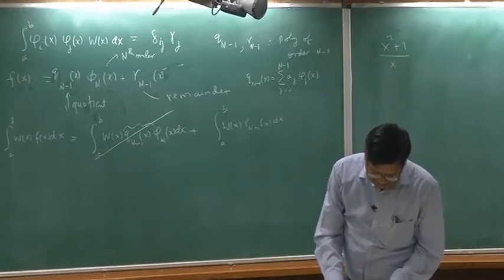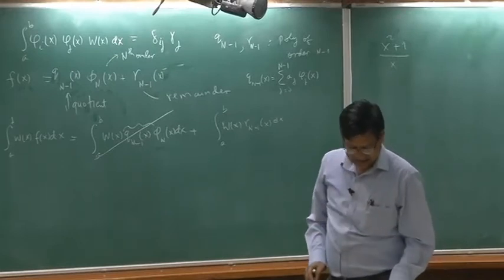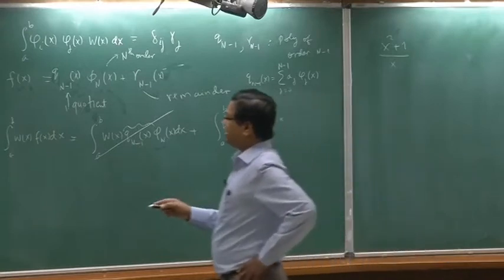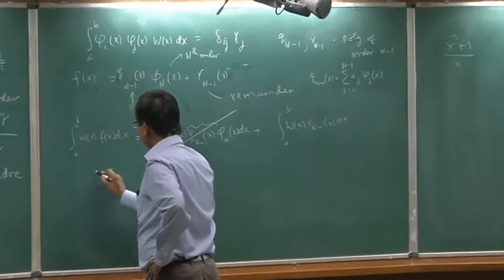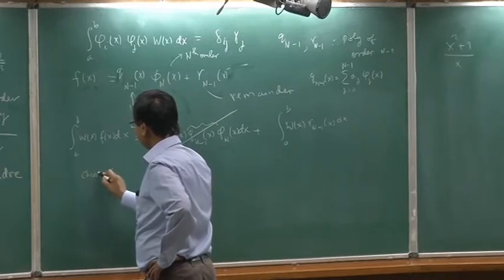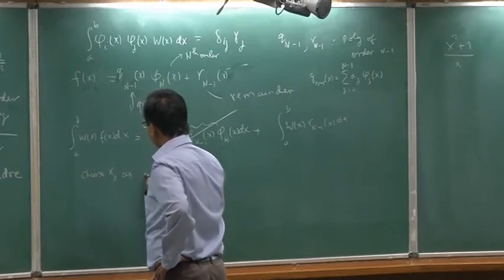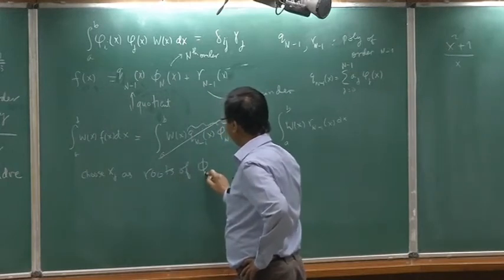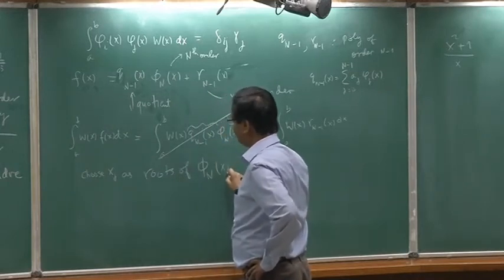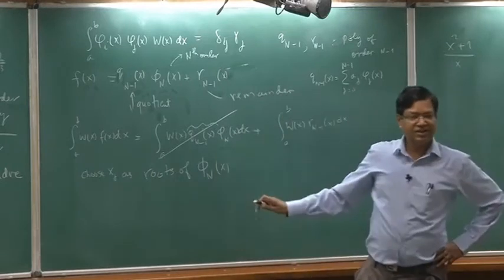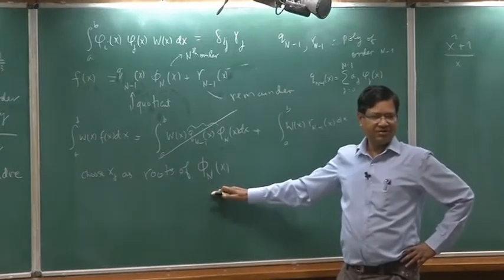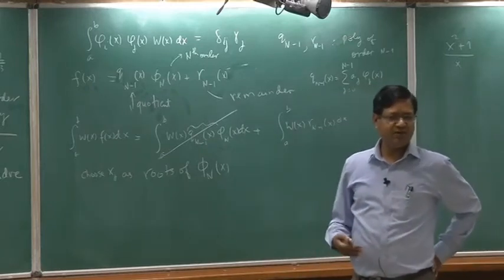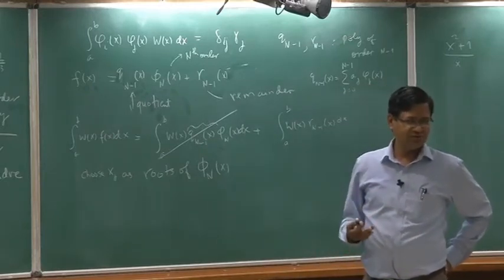Now the next part, so step 2 starts: which x_j should I choose? The x_j you should choose as roots of phi_n(x). So it's an nth order polynomial, so it will have n roots, like x squared minus 1 has 2 roots.